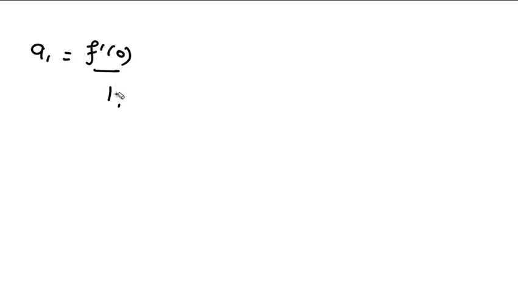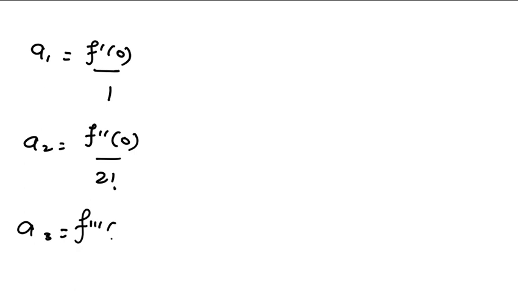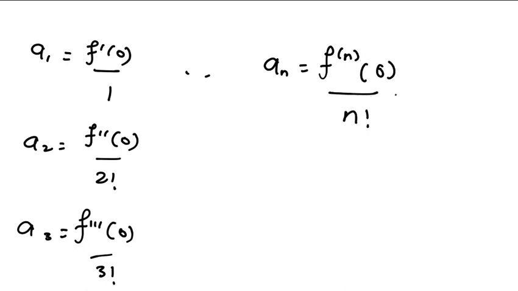Now I can have a2 equals f double prime 0 over 2 factorial, and a3 equals f triple prime 0 over 3 factorial, and so on and so forth, until an equals f n times differentiated at 0 over n factorial.